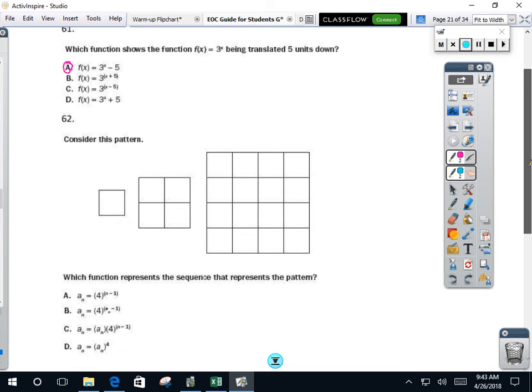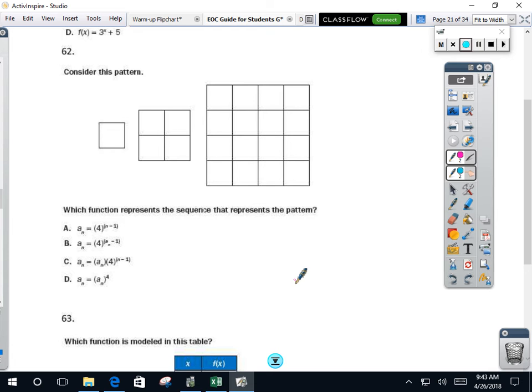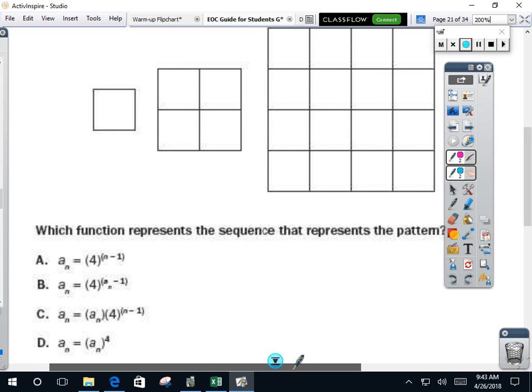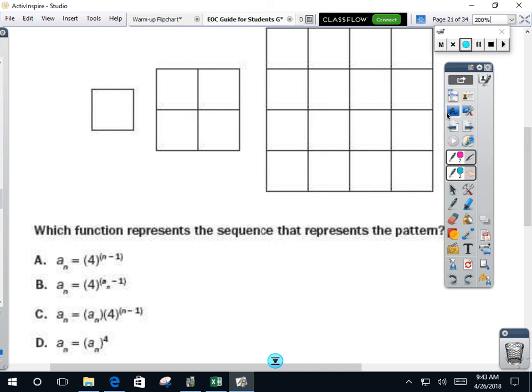Number 62. Consider this pattern. Which function represents the sequence that represents the pattern? So what do you think would be a good idea to do first? To know the pattern, what do you need to do? Okay, so what should we do? Count them, right?